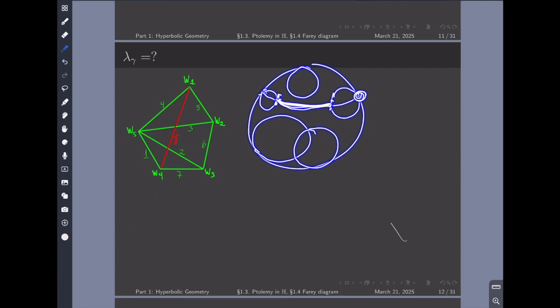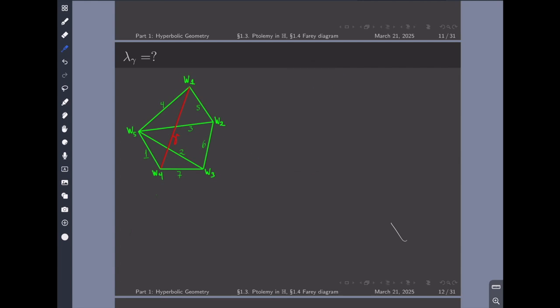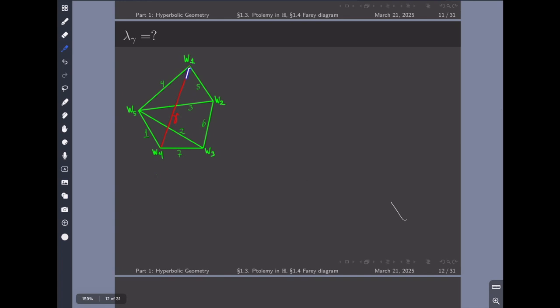So I can perfectly do that, and then I have a question: can I express the lambda length corresponding to gamma as a function in terms entirely of the lambda lengths of this other one, maybe as a rational function, so that the equality is valid, let's say, in some open dense subset of the Corioto-Teichmüller space?